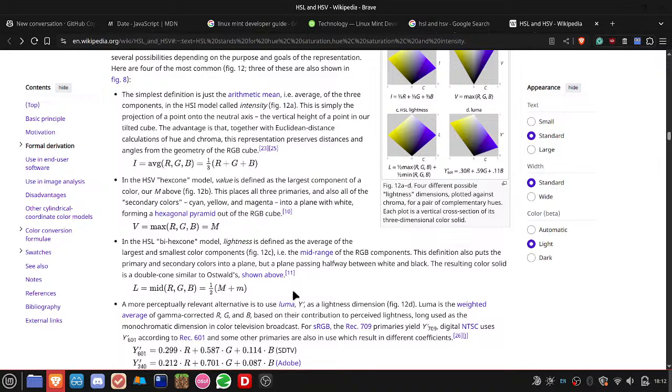And what is the HSL? The bihexagon model is where lightness is defined as the average of the largest and the smallest color components. That is the mid-range of the RGB components.